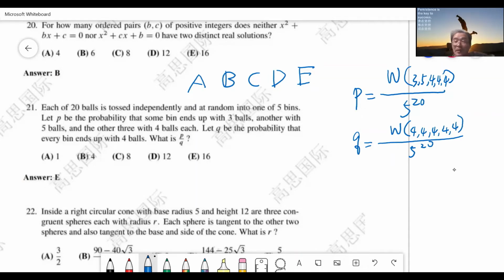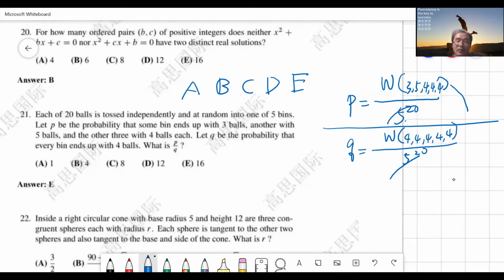So if we do P over Q, the 5 to the power 20 cancels. We really just want the ratio of the number of ways to have 3, 5, 4, 4, 4 and the number of ways to have 4, 4, 4, 4, 4.